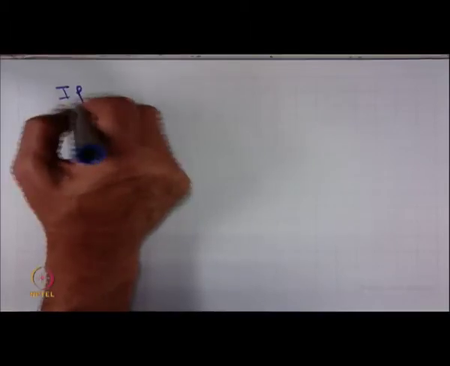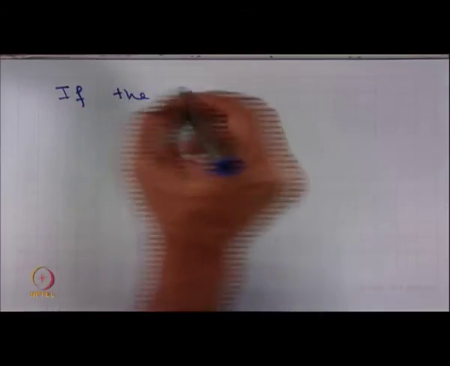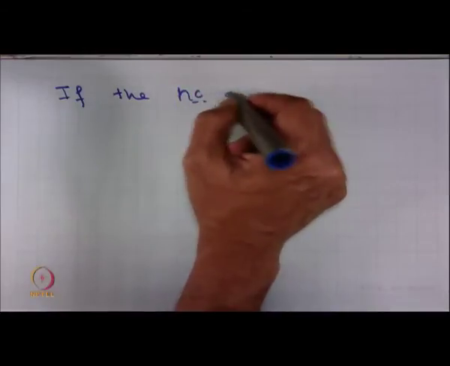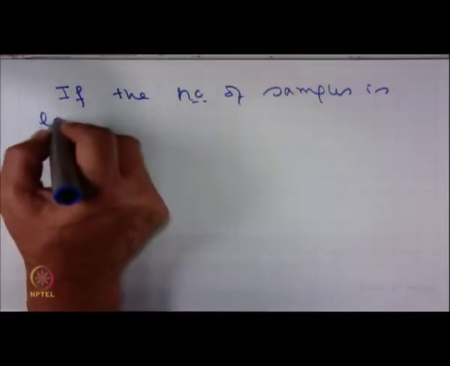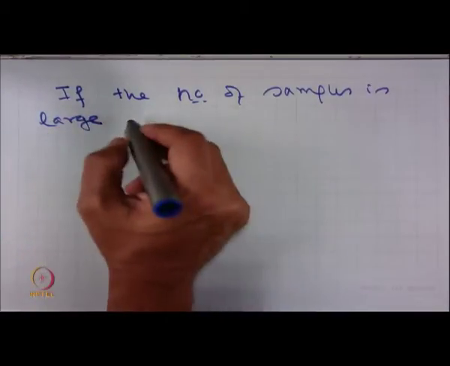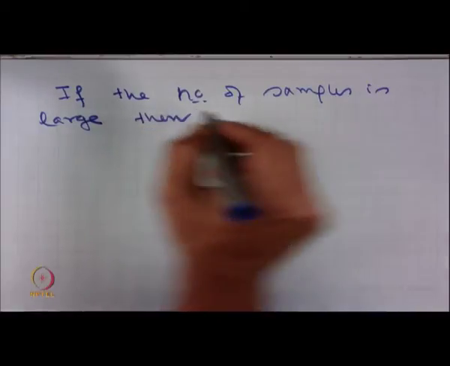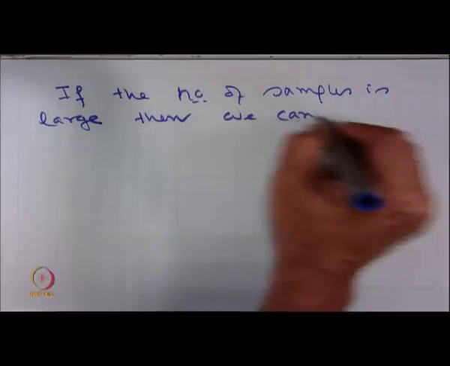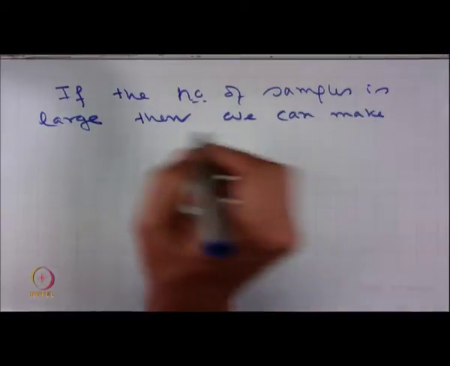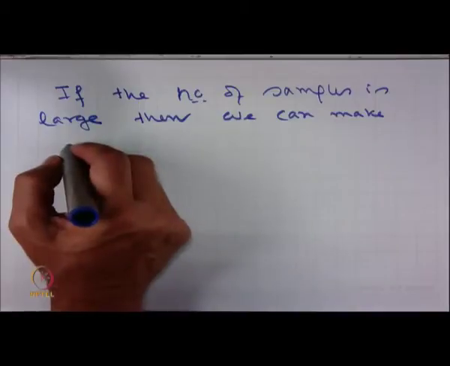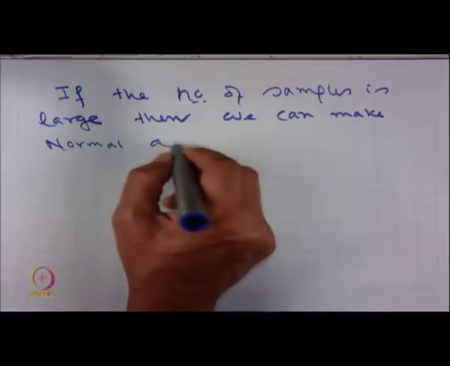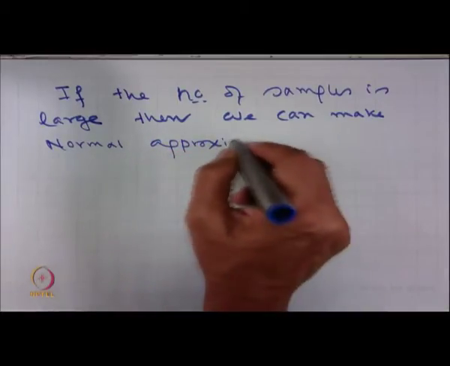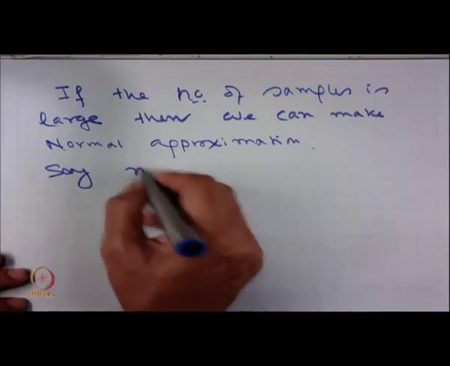If the number of samples is large, then we can make a normal approximation, say n equal to 100.